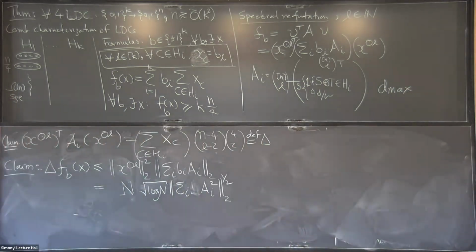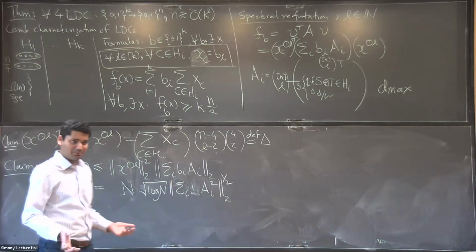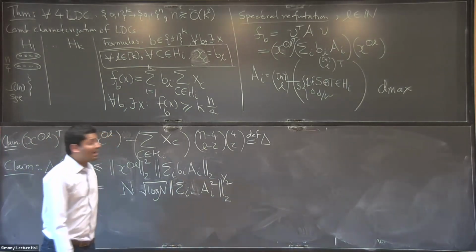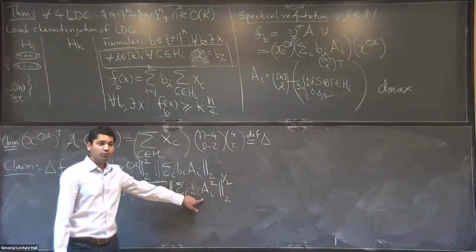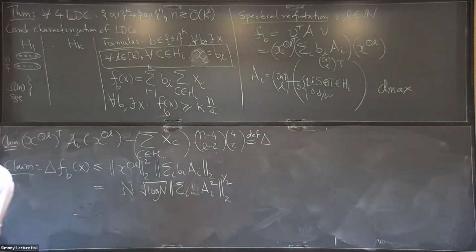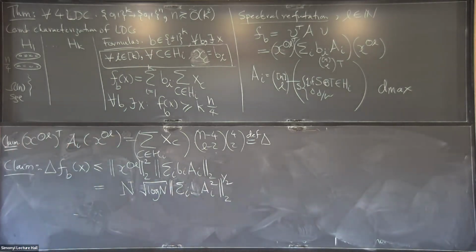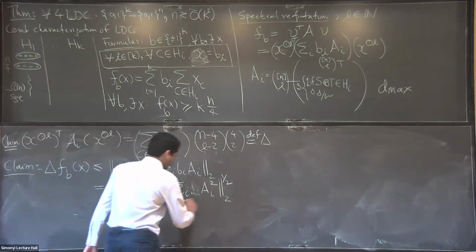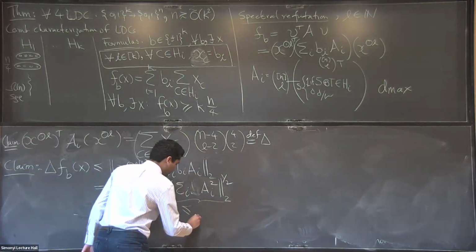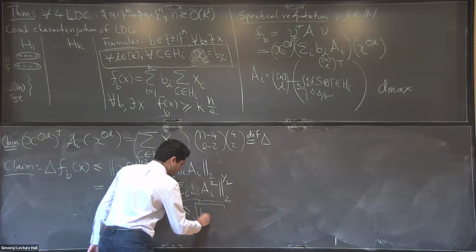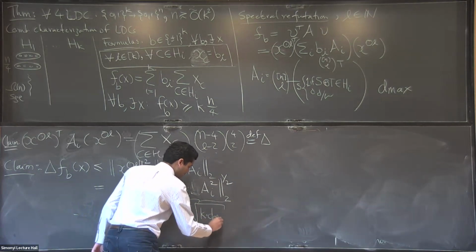Then the spectral norm of any single Ai is at most D max. You agree? A degree D graph has spectral norm at most D. That's all I'm using. So if Ai has spectral norm D, then Ai squared has spectral norm at most D max squared. And then by the triangle inequality, this thing is no more than square root K times D max squared.